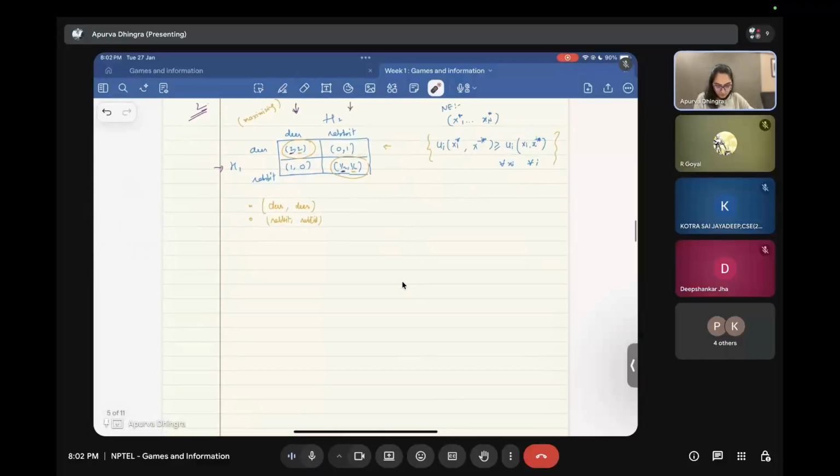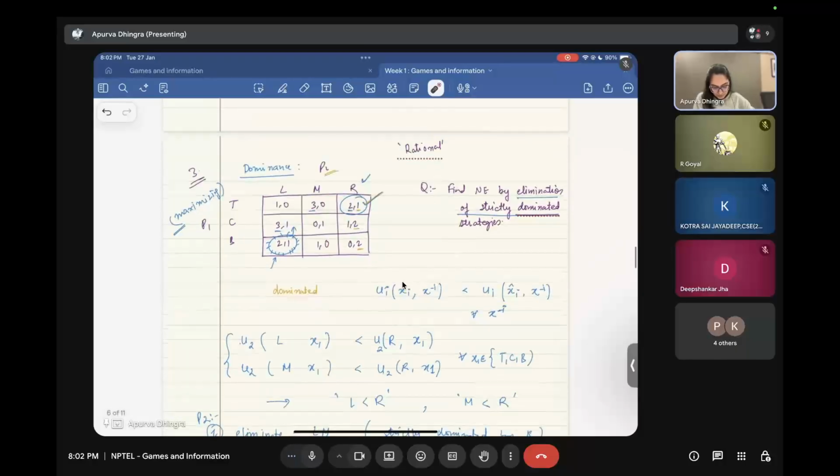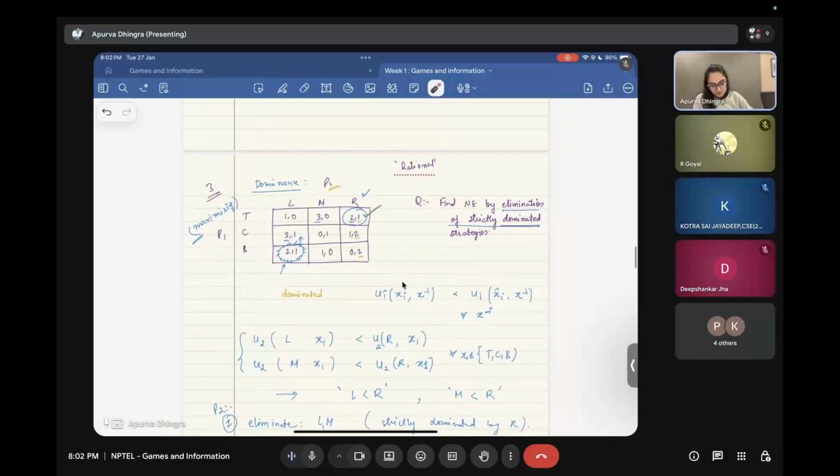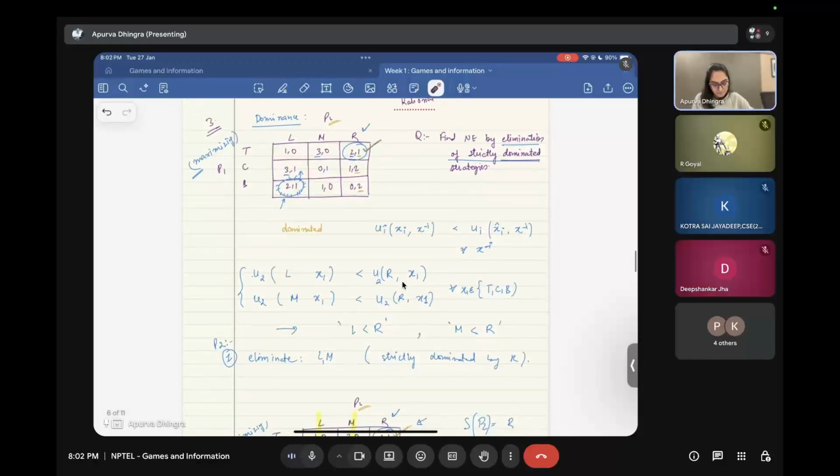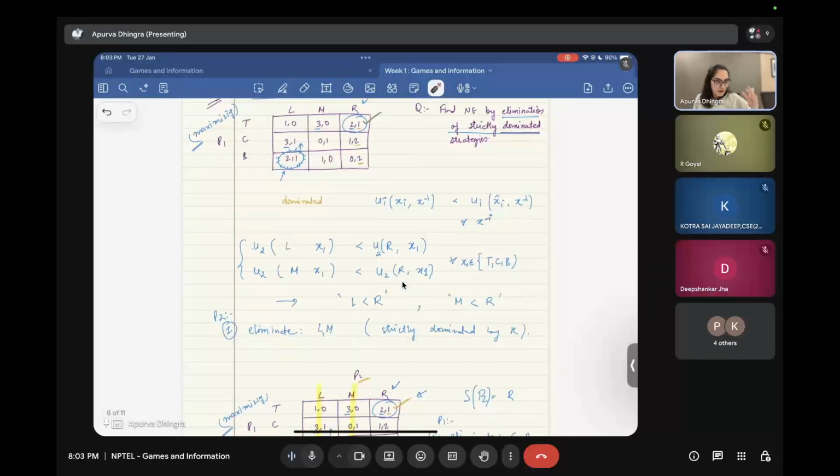We saw that for a few examples, and then we finally saw the whole scenario of dominance. So first we started by saying what is a dominated strategy, or hence the dominant strategy, the stronger one. Then if after having identified all of them, we eliminate them one by one, what happens?